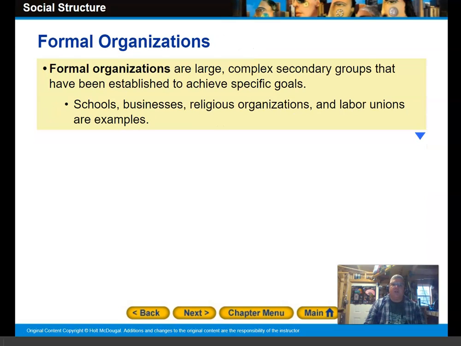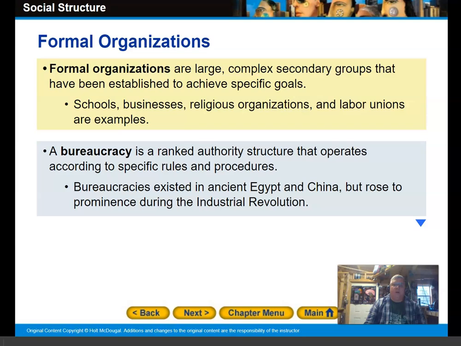Formal organizations are large, complex secondary groups that have been established to achieve specific goals. Schools, businesses, religious organizations, and labor unions are examples of formal organizations. A bureaucracy is a ranked authority structure that operates according to specific rules and procedures.